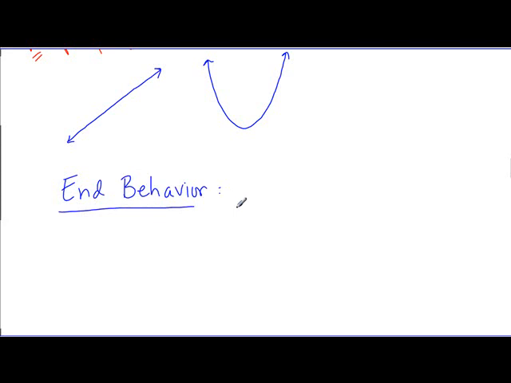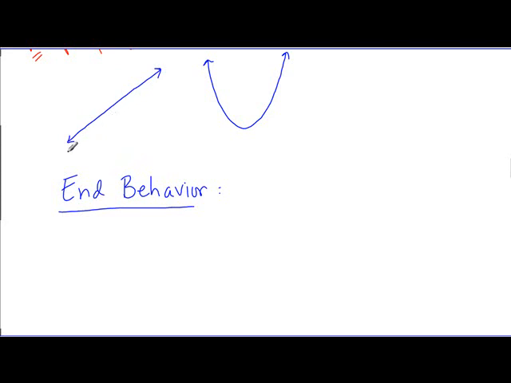Basically what we're thinking about with polynomial functions is, if we look at this linear function here, the right end behavior is that the graph is going up forever. The left end behavior, if you look at the far left of that graph, is going down forever.